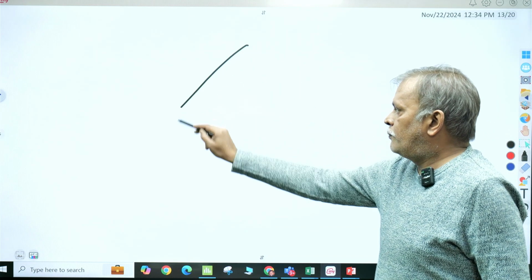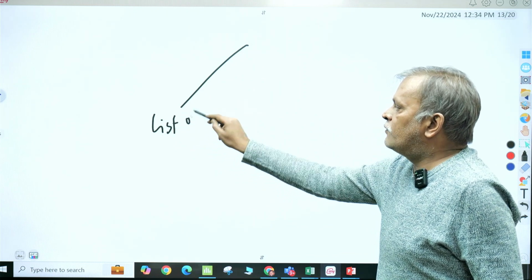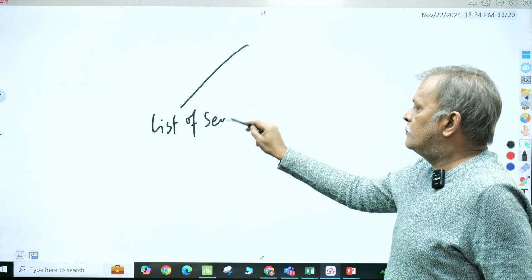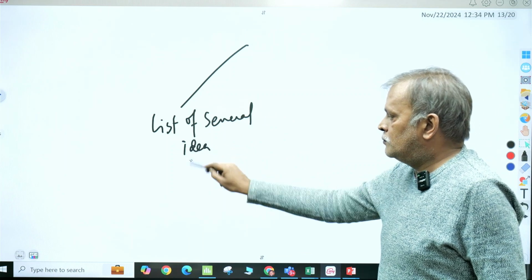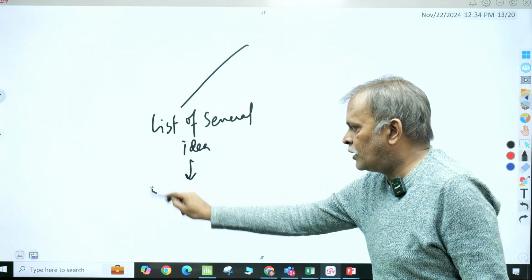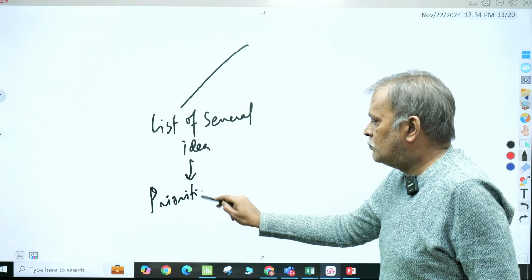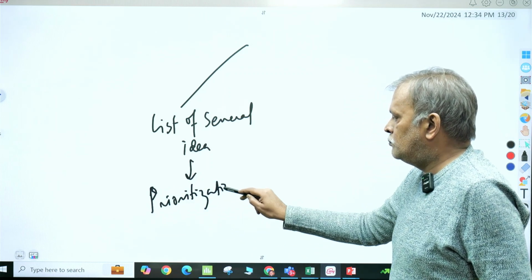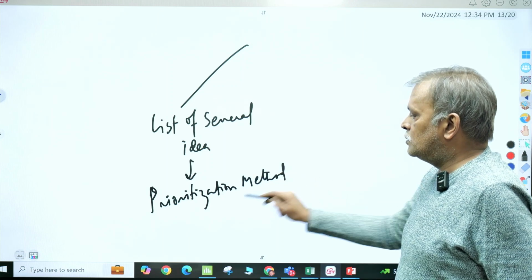Step one, from the list of several ideas, use some prioritization method.